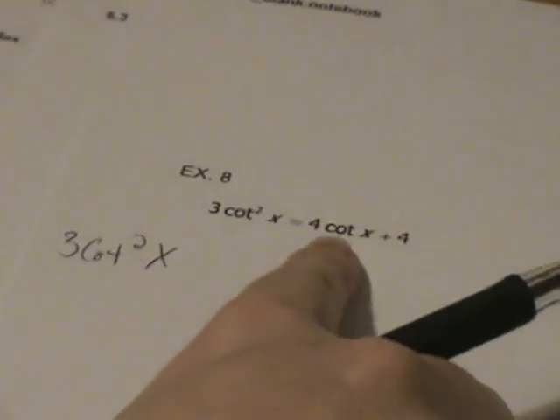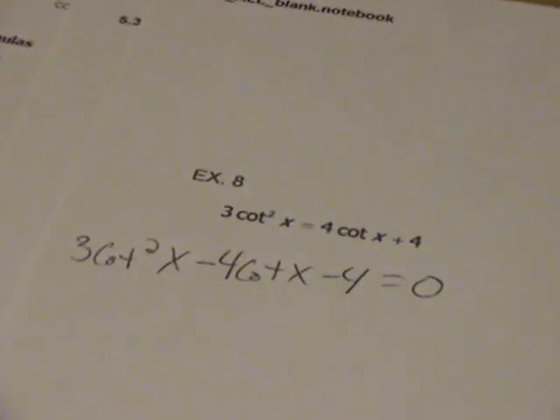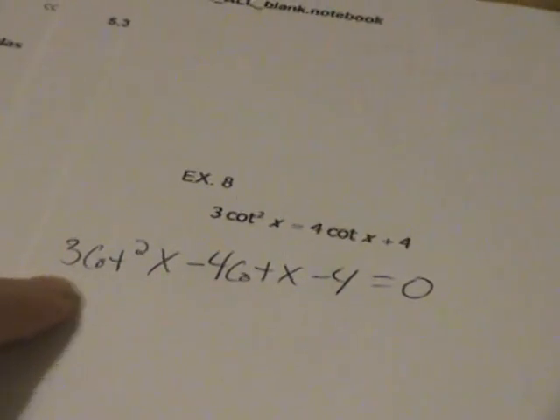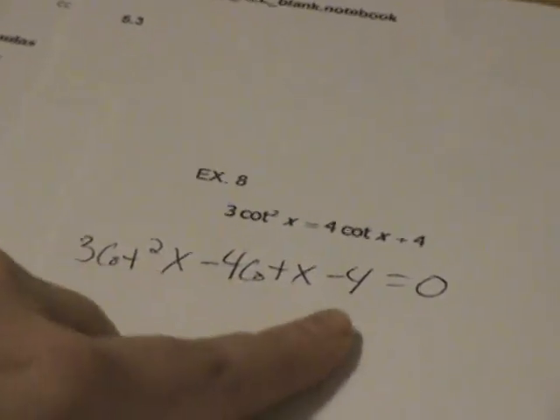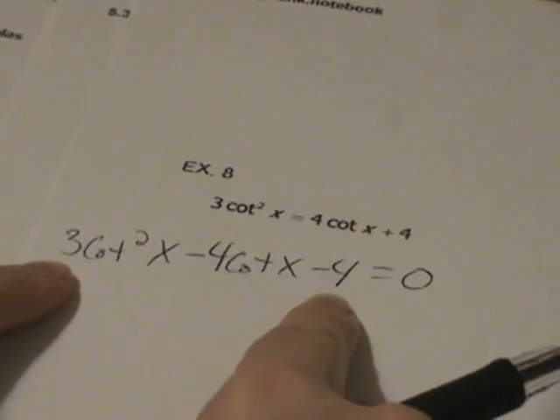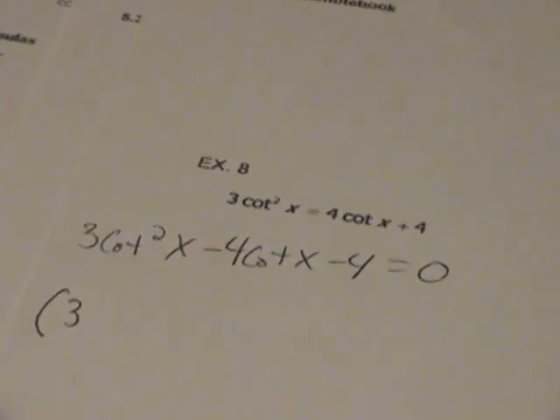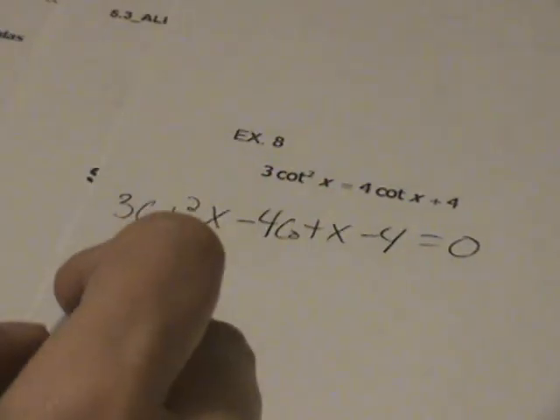I'm going to take this stuff and move it over here to this side. And I'm going to factor it. Something squared, something, and a constant. So 3 times 4 is 12. I'm looking for factors of 12. Let's subtract to give me 4. 3, and then instead of a 3x like we normally have when we factor, it's going to be 3 cotangent.